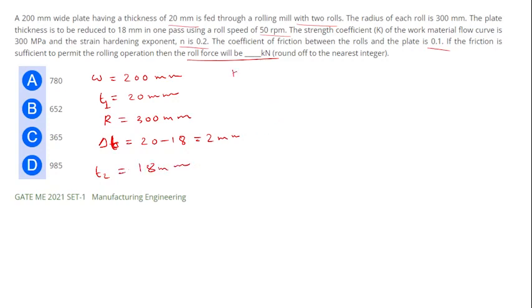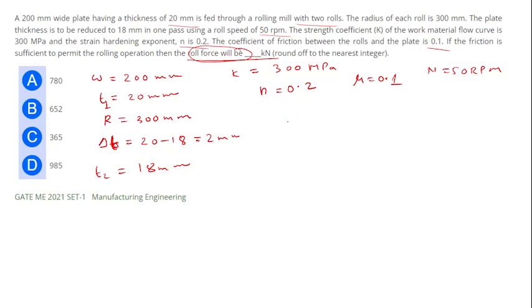Then K is given as 300 MPa, n is 0.2, mu is 0.1, and N is 50 rpm. Everything is here. What is it asking? It is asking you to calculate the roll force.